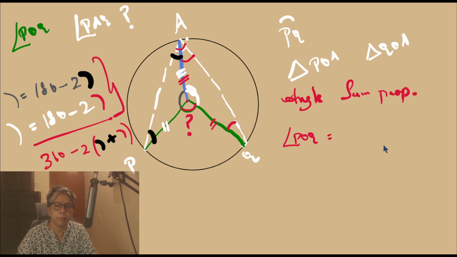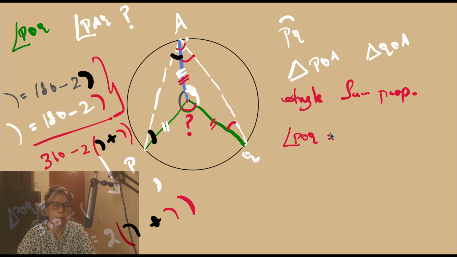Angle POQ would be equal to 360 minus this whole thing, which would be equal to 2 into, I think we are arriving at something, black plus red. This is angle POQ, 2 into black plus red.